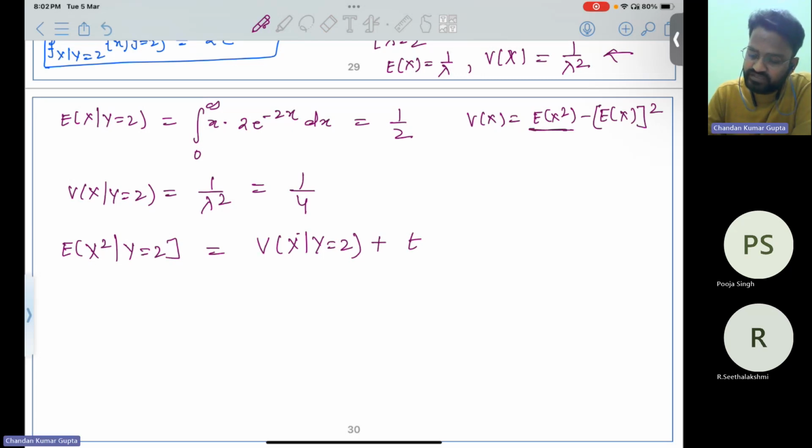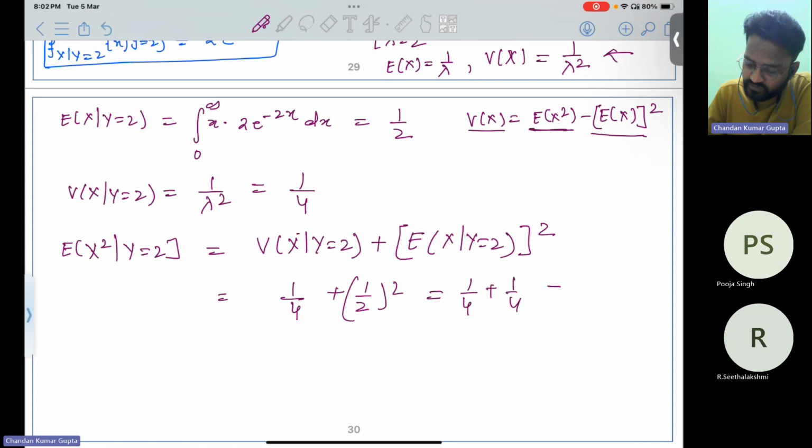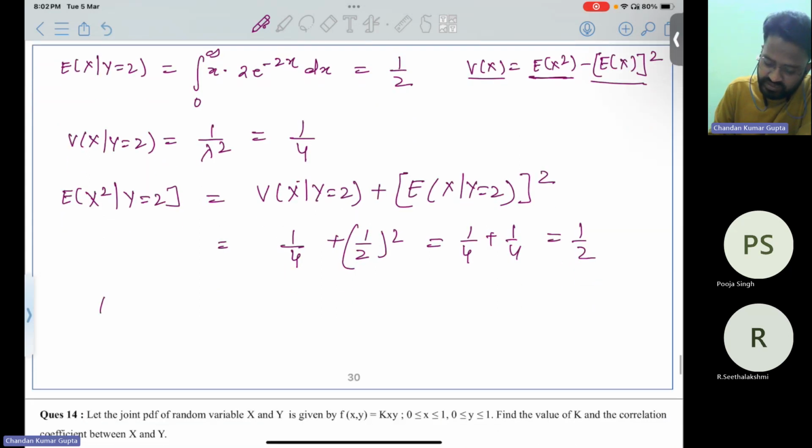So we need to calculate this, which is variance of x plus the square of the expected value of x given y equal to 2. So it is 1 by 4 plus the whole square of the expected value, so it is 1 by 2 square. And this comes out to be 1 by 4 plus 1 by 4 equal to 1 by 2. So that means expected value of x square given y equal to 2 equals 1 by 2.